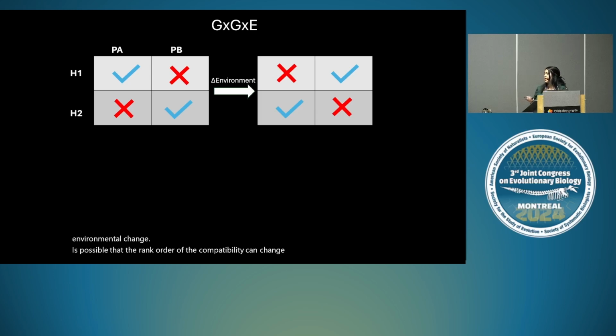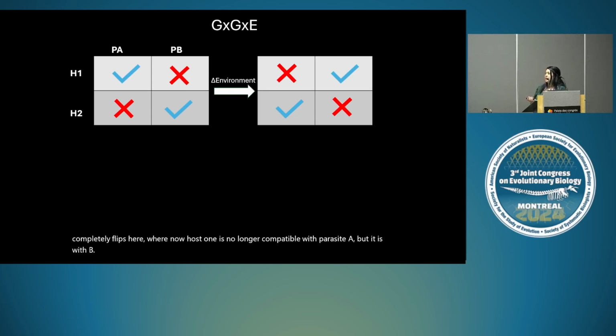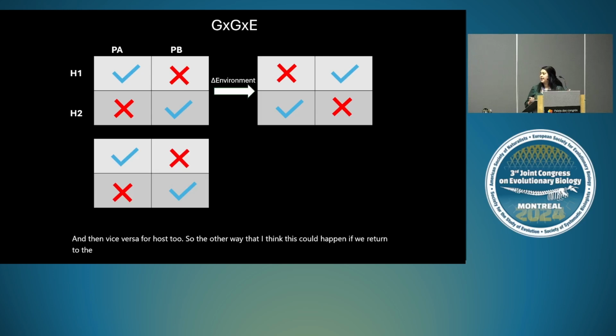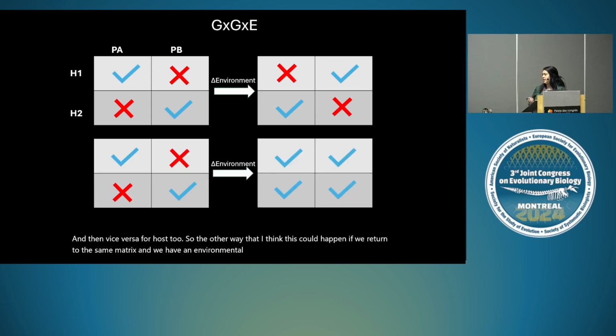So you can see that it completely flips here, where now host 1 is no longer compatible with parasite A, but it is with B, and then vice versa for host 2. The other way that I think this could happen, if we return to the same matrix and we have an environmental change, is that all of a sudden every single combination is going to result in infection.